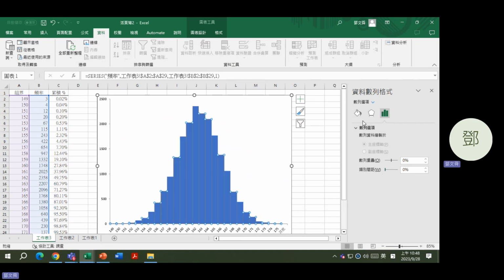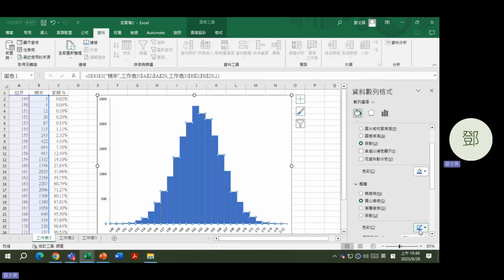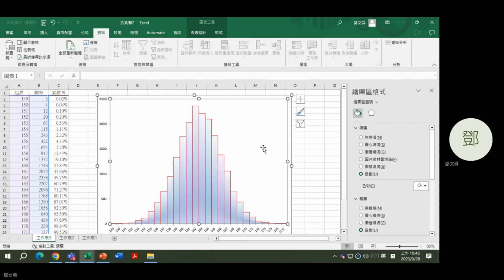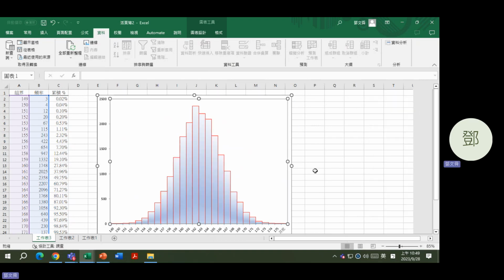And here, the frame and the color. This color. And here, that's the histogram, right?